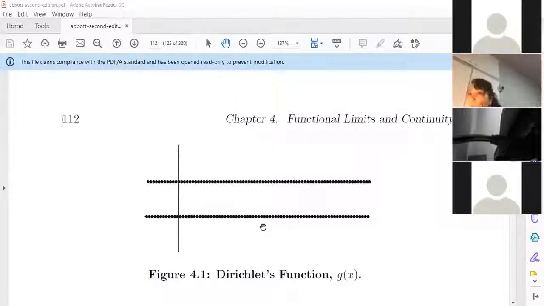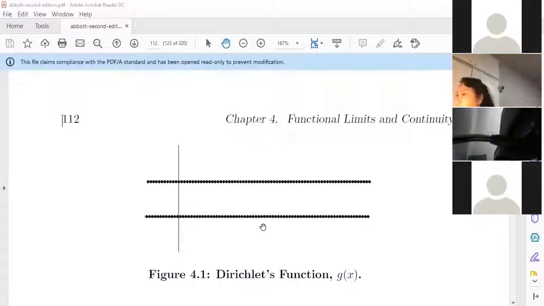Okay. So this is from our book, and this first one over here will be the graph of Dirichlet function. All right. I'll write it down in just a moment. What the definition of the function is, but you should remember it because we talked about it before.